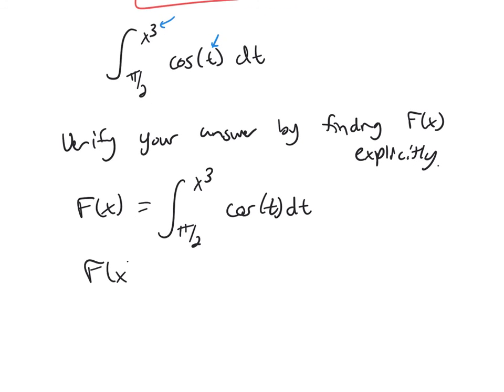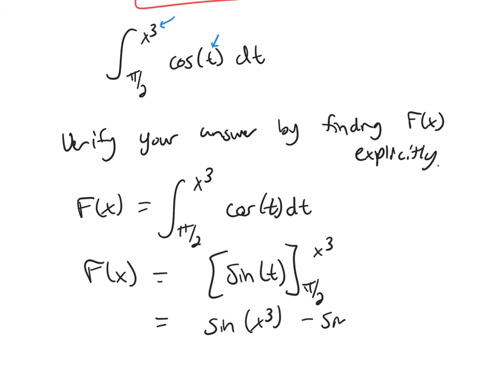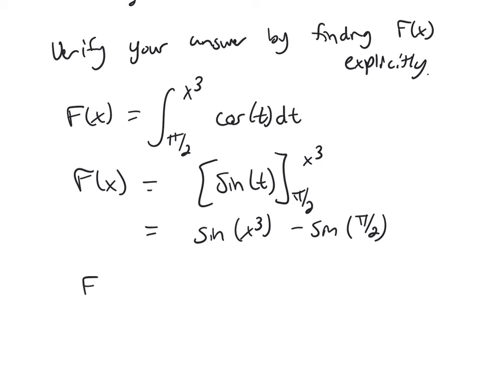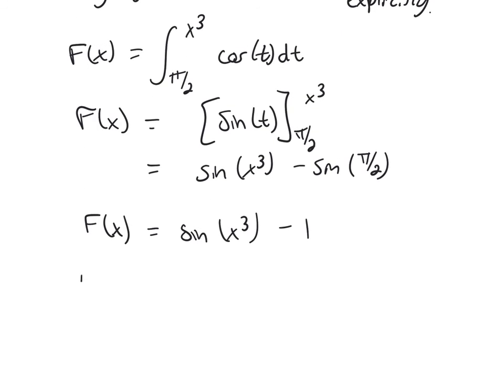The antiderivative of cosine is sine, so this is sine of x cubed minus sine of pi over 2. So my capital F function is sine of x cubed minus 1. And then to find the derivative, F prime of x, you're going to have to use the chain rule: cosine of x cubed times 3x squared. And that's exactly what we got in our answer.